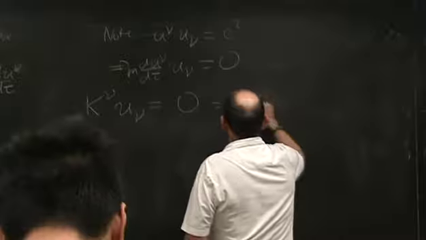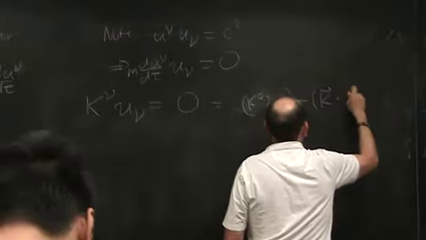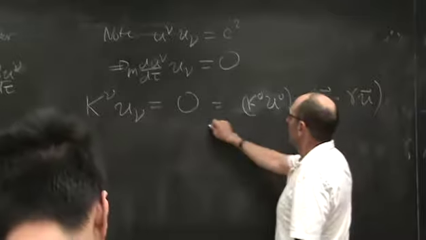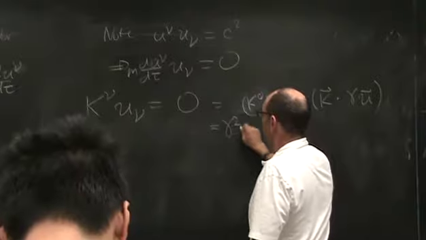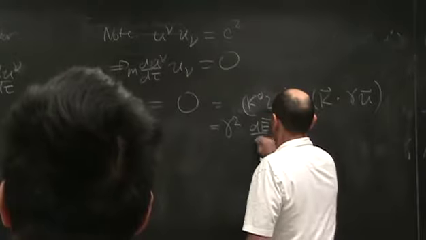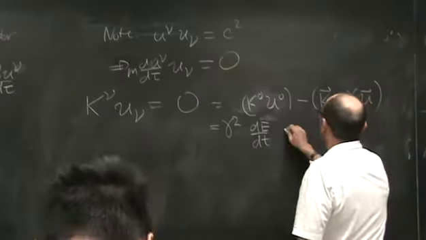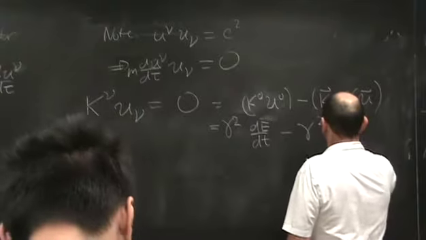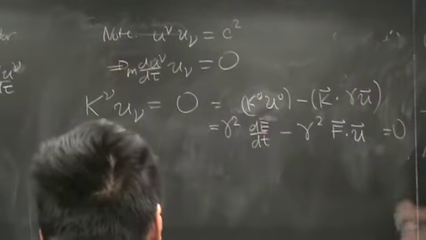So this is going to be K⁰U⁰ minus K dot gamma U, which is equal to gamma squared times dE/dt, the derivative of the energy with respect to time, minus gamma squared force dotted into the kinematic velocity is equal to 0.